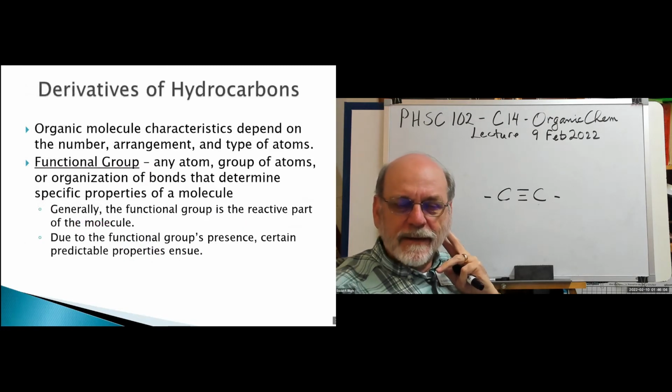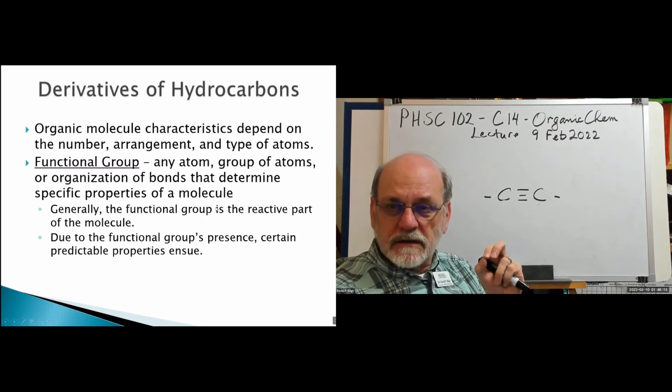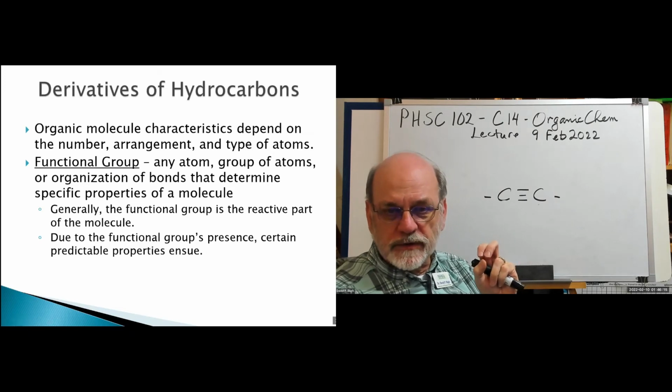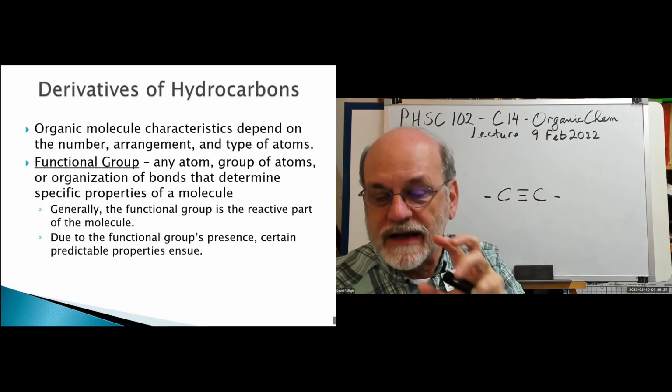Okay. So what are some other derivatives of hydrocarbons? You need what we call functional groups. Well, first you need to define what a functional group is. It's any atom or any group of atoms that characterize that molecule.